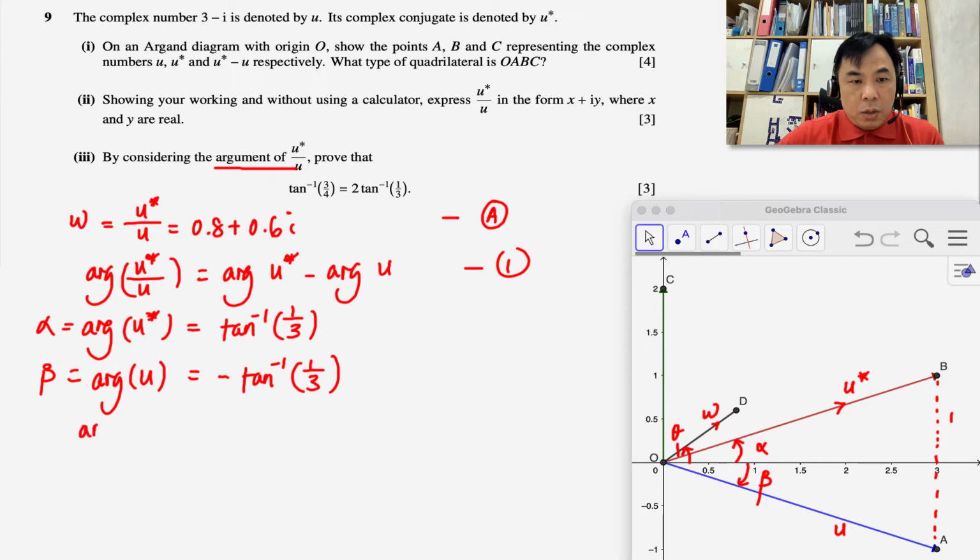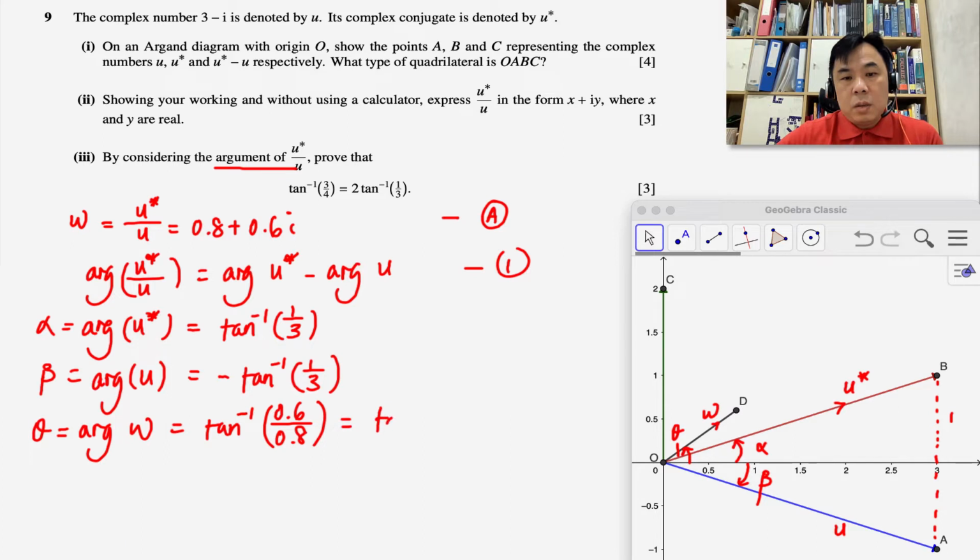Now the argument of w from the graph itself, which is represented by theta, is given by tangent inverse of 0.6 over 0.8, and of course you can simplify that, which is just 3/4.